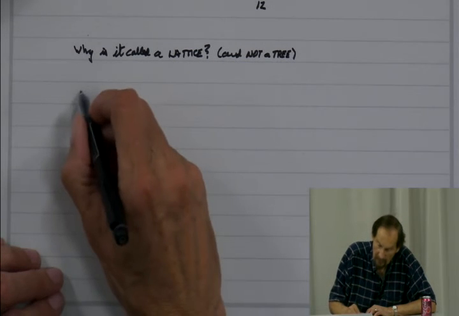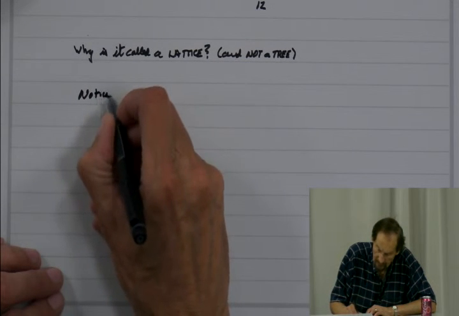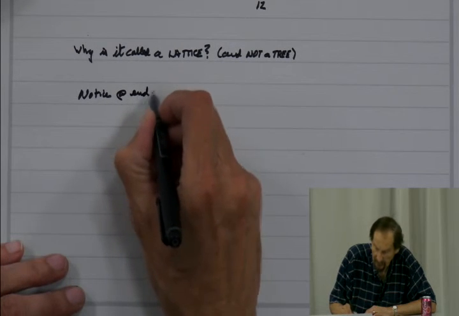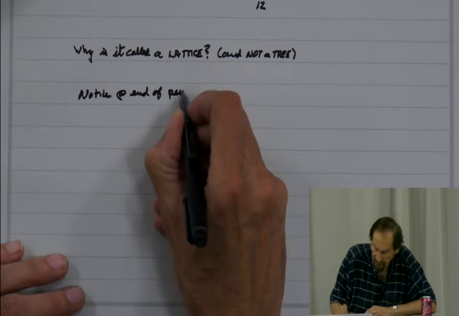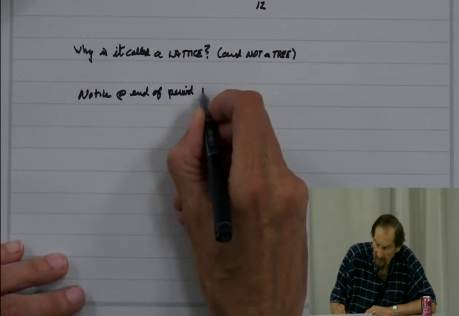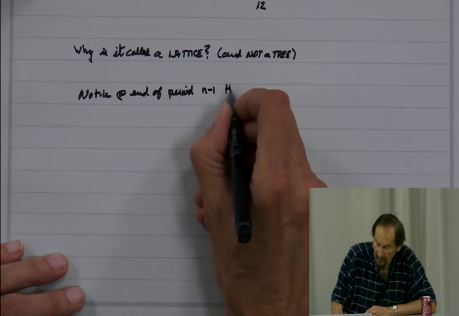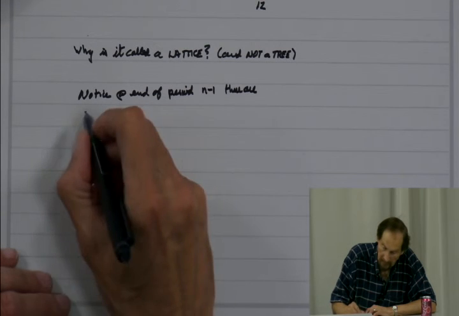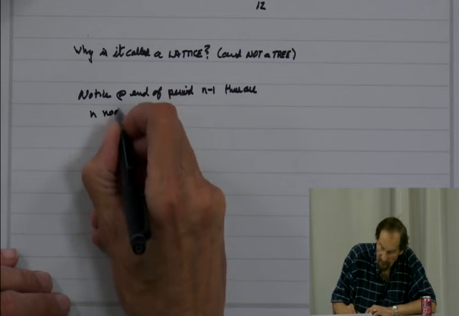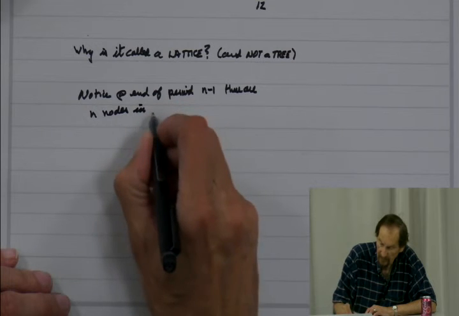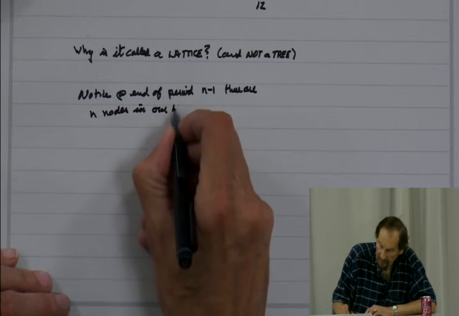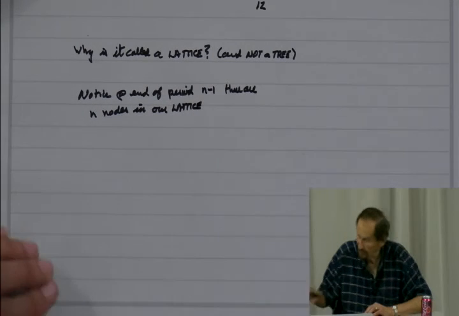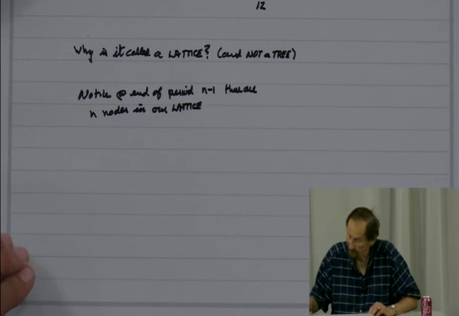So notice at the end of period n-1, there are n nodes in our lattice. Let's go back to our lattice here.